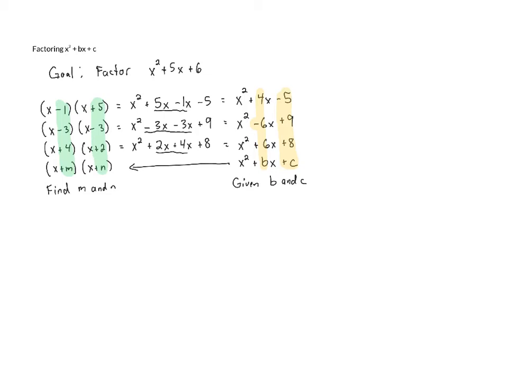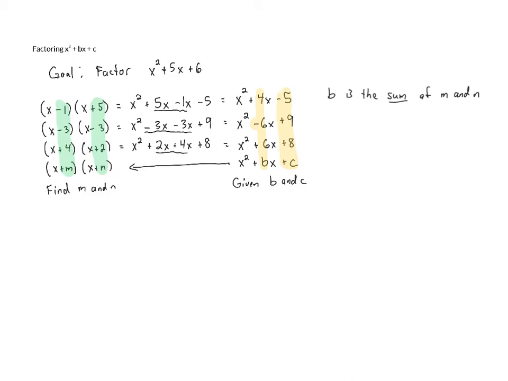Well, if you look at all of these, you can see that the coefficient on the x comes from adding these numbers. -1 plus 5 is 4, -3 plus -3 is -6, and 4 plus 2 is 6. So this coefficient b ends up being the sum of the numbers m and n. So b is the sum of m and n. This is one piece of information that we can use.